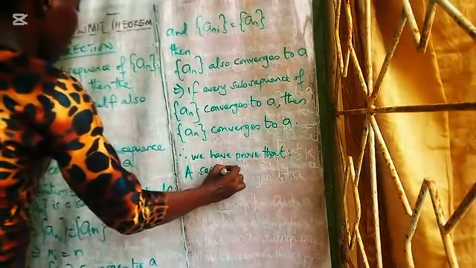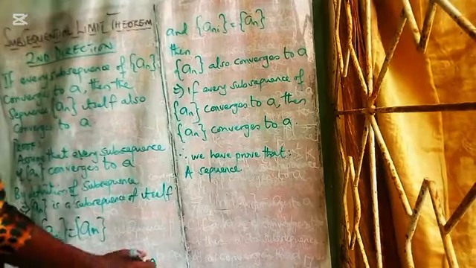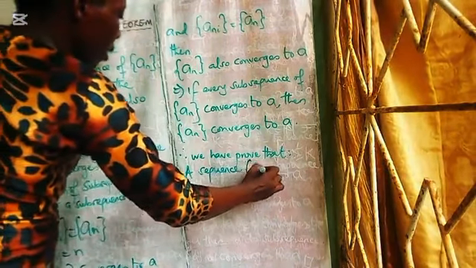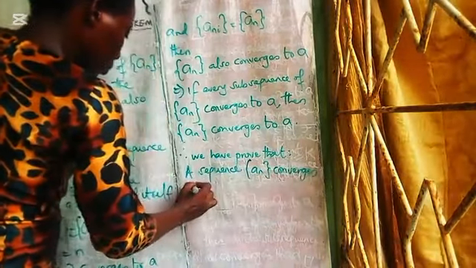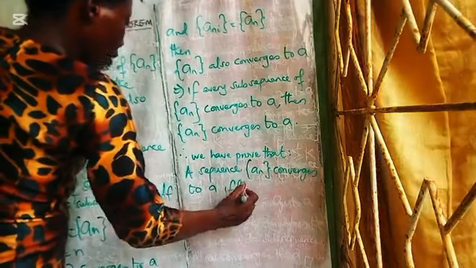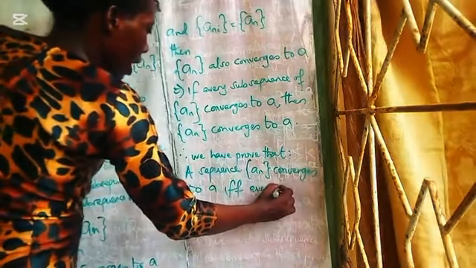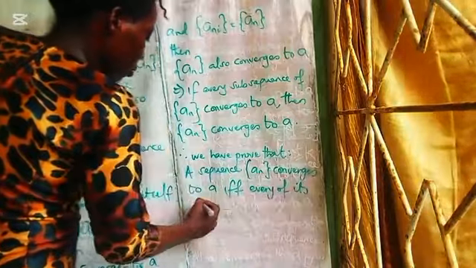A sequence A sub n converges to A if and only if every one of its subsequences also converges to A.